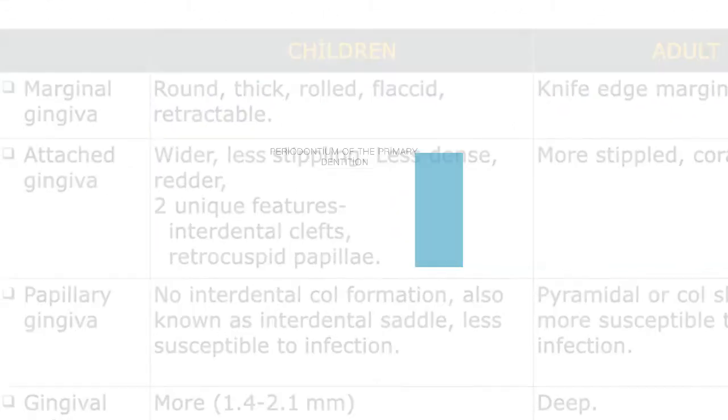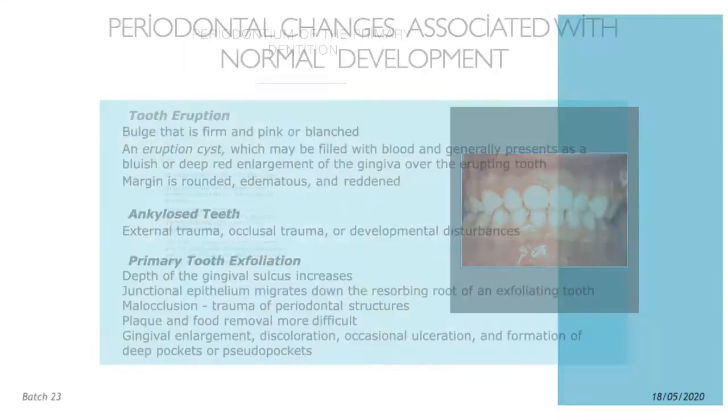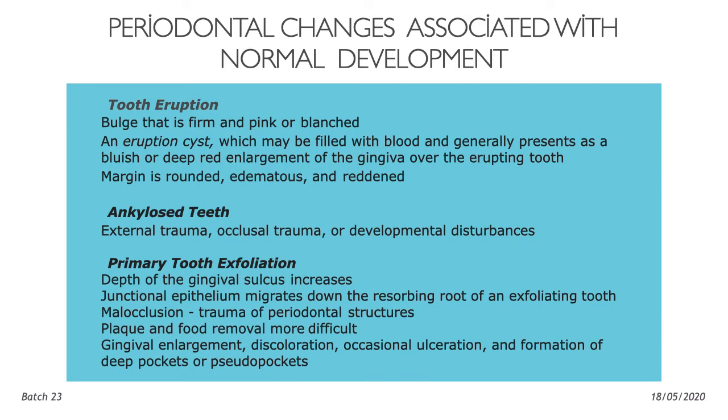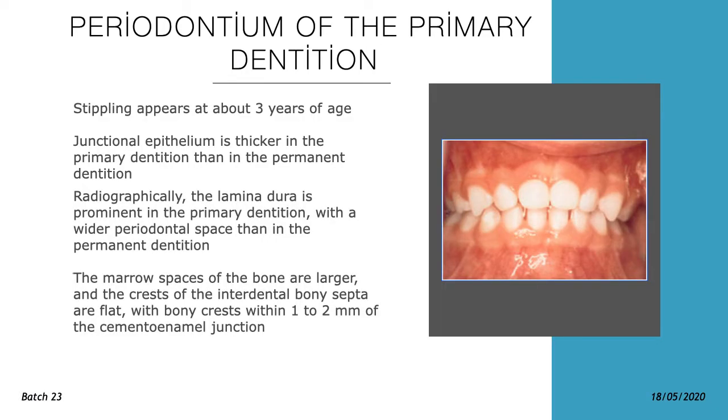So coming on to the periodontium of the primary dentition, it is more stippled. The stippling of dentition starts appearing after the age of 3. The junctional epithelium is thicker in primary dentition compared to permanent dentition.